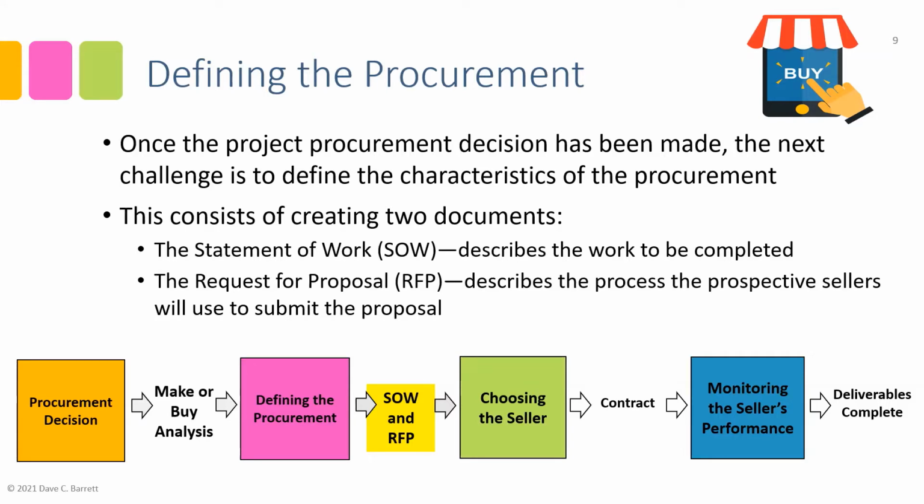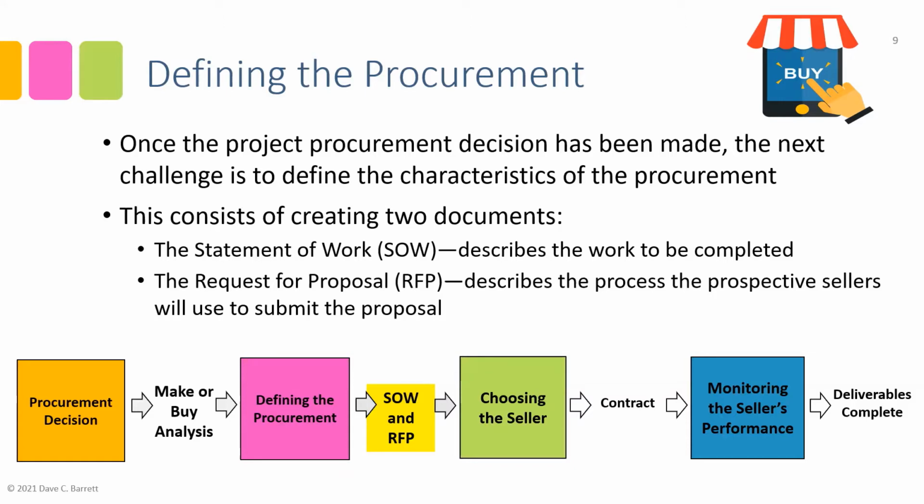And an RFQ would be one for more, say, standard materials that have less variability. So we're more looking for a quote, which is a more defined sort of proposal, as opposed to an RFP, which is a more open-ended type of proposal.